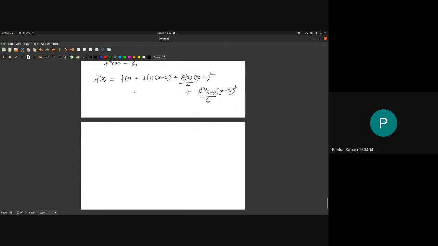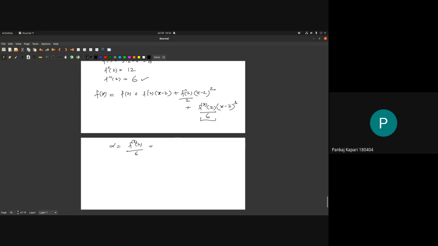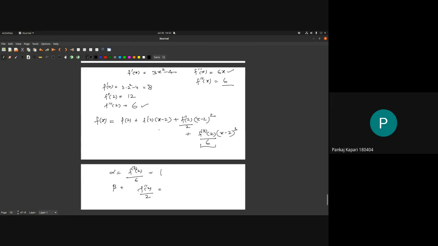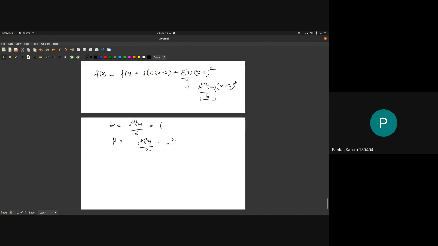What is alpha? Alpha is equal to the third derivative at 2 divided by 6. The third derivative was 6, so alpha is equal to 1. What is beta? This is f double prime at 2 divided by 2. f double prime was 12, so 12 divided by 2 is 6.